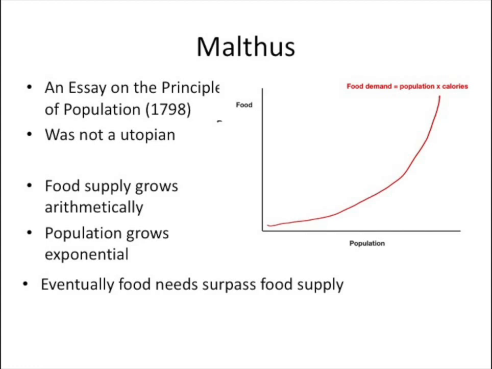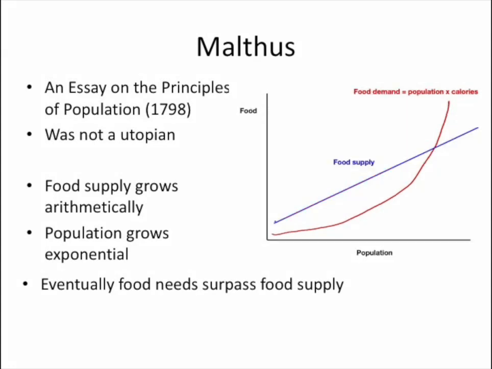So we're drawing here with the red line food demand, which would equal something like population times calories per person. As the population of the world grew, we would see an ever-increasing food demand.